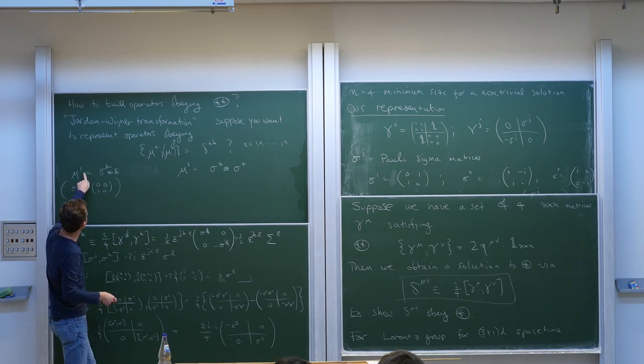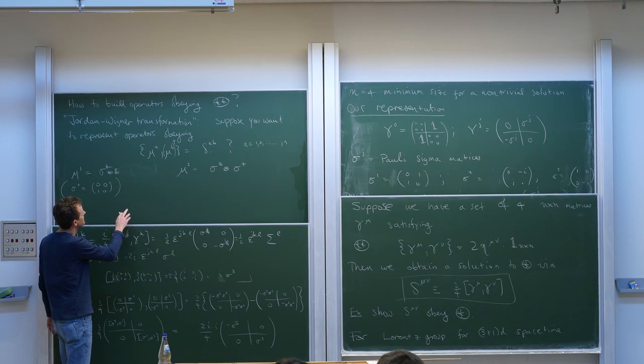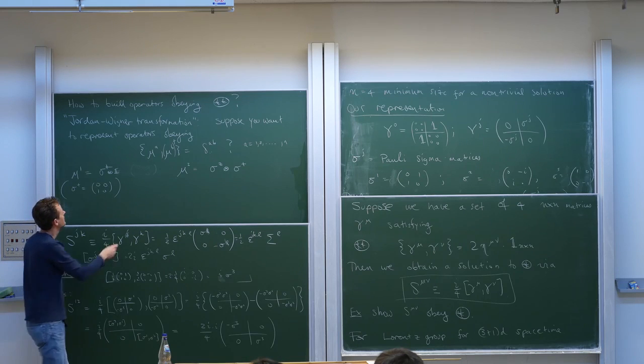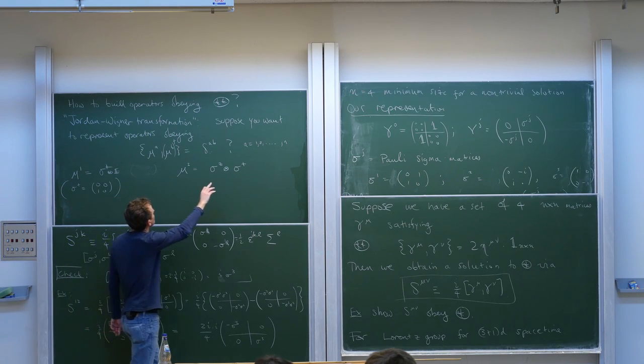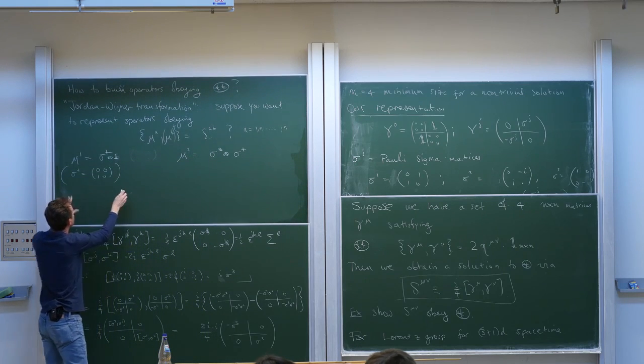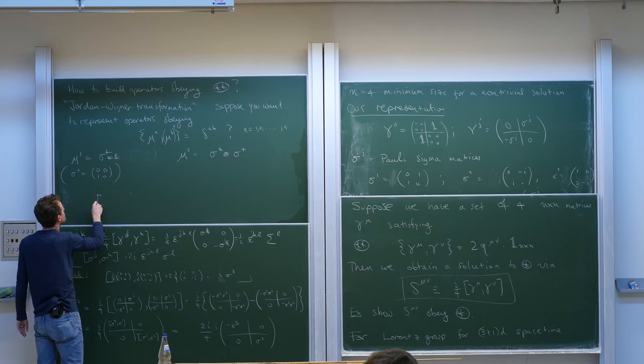And you can check that the commutation relations between mu1 and mu1 dagger are not quite these. Well, we'll fix that up. Oh, no, it's exactly correct, yeah. So mu1.